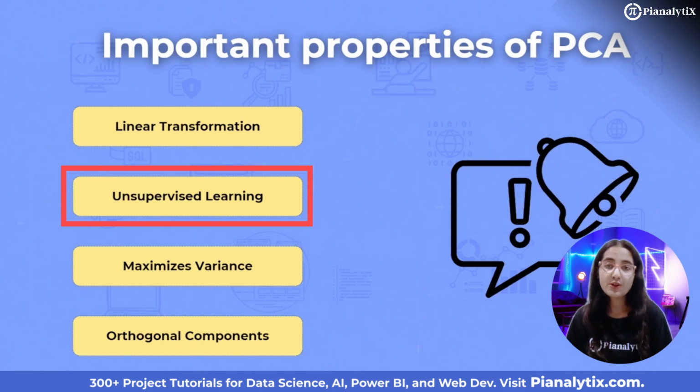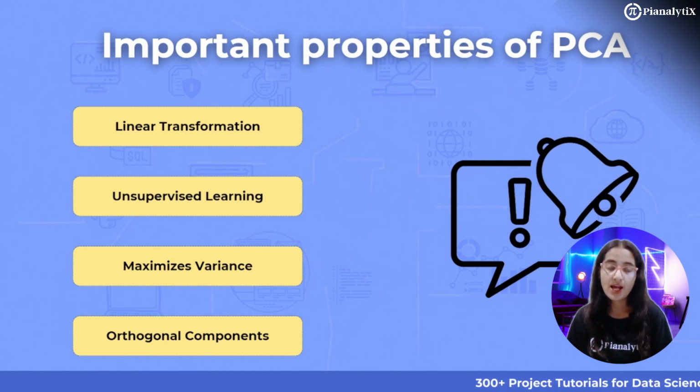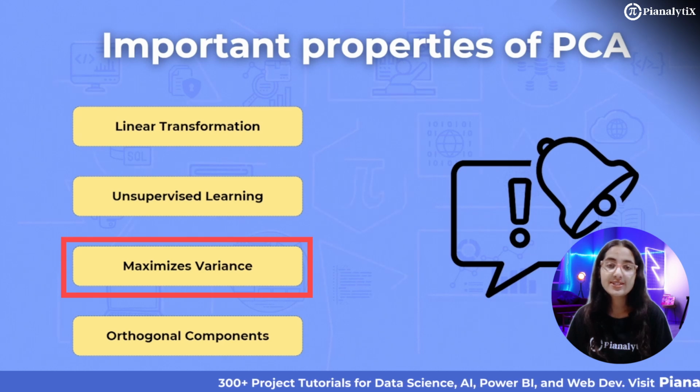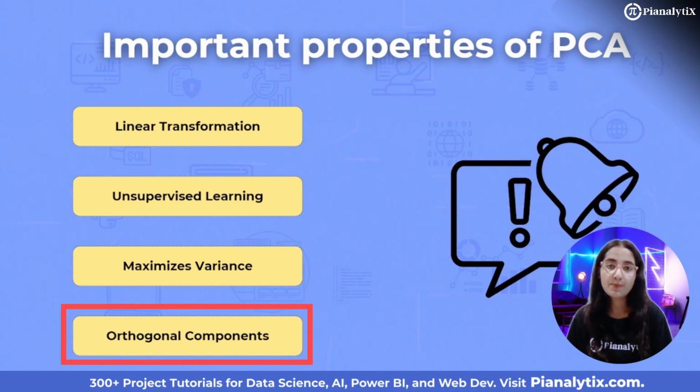It doesn't depend on the target variable but only on the input features. Third, maximizes variance. PCA identifies the direction where data varies the most and keeps only those directions with the highest variance. Fourth, orthogonal components. The principal components are orthogonal, meaning they are uncorrelated with each other.